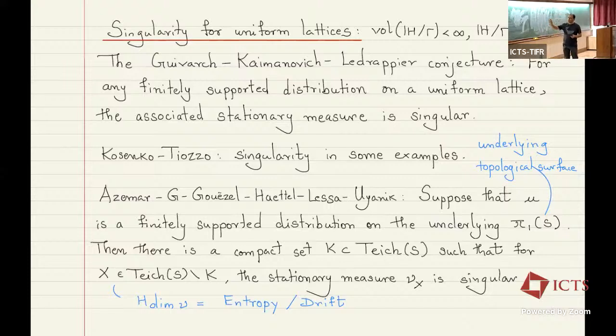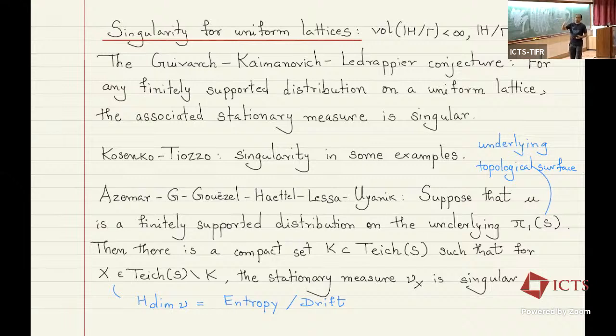And more soft progress is in my work with all of these other smarter people than me: Aitor Azemar, Sebastian Guzel, Thomas Heitel, Pablo Lessa, and Shilar Ioannik. And here we showed the following. Suppose I have a lattice which is co-compact. Let's look at the underlying topological surface, H2 mod gamma.